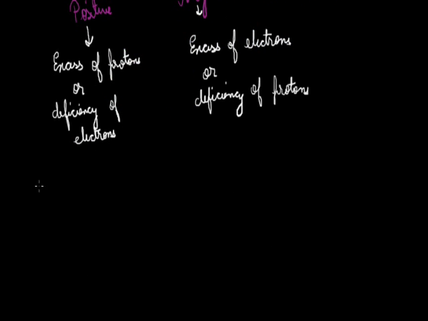Now, if we talk of the properties of these charges, its first property: as we have discussed, there are two types of charges. So, whenever they are like, means if they are positive and positive or negative and negative, they are termed as like charges.